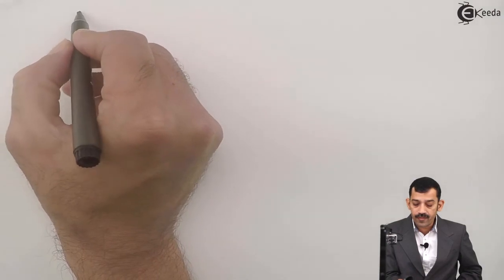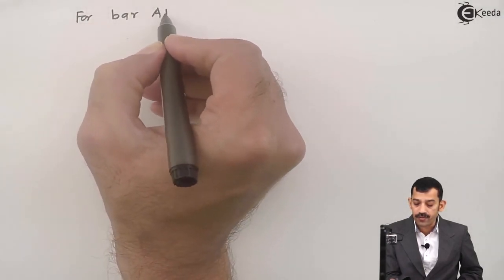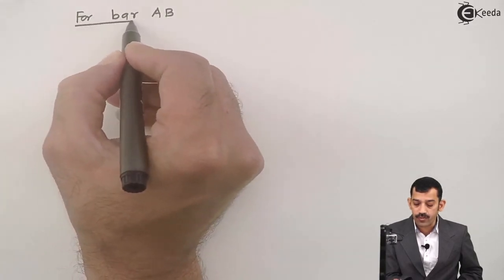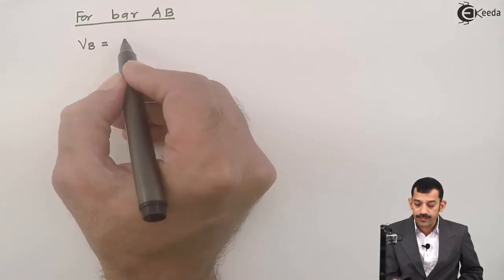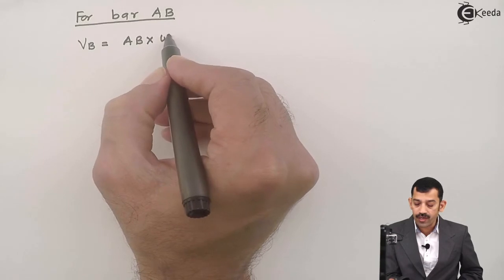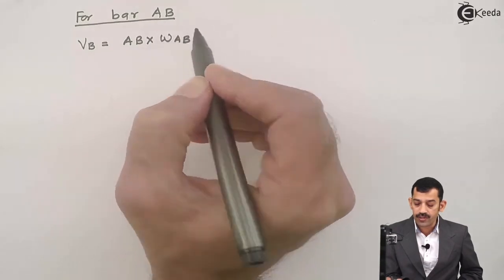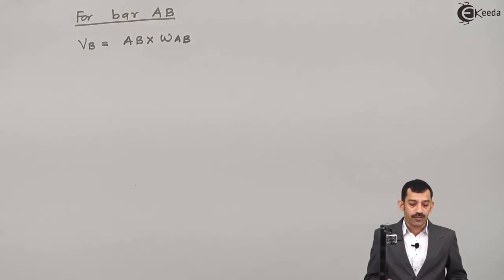For bar AB, which performs pure rotational motion about point A, VB is equal to AB, the radius of rotation, into omega of this bar AB. What is known? Omega AB is given, length AB is also given.